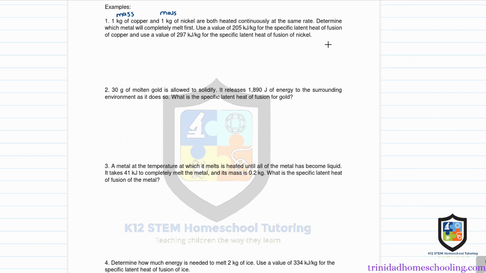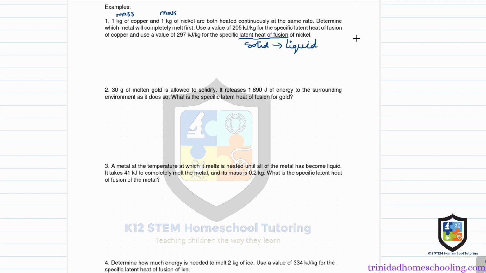Use a value of 205 kilojoules per kilogram for the specific latent heat of fusion of copper, and use a value of 297 kilojoules per kilogram for the specific latent heat of fusion of nickel. Now we're talking about latent heat of fusion, so we know that we are moving from solid to liquid.